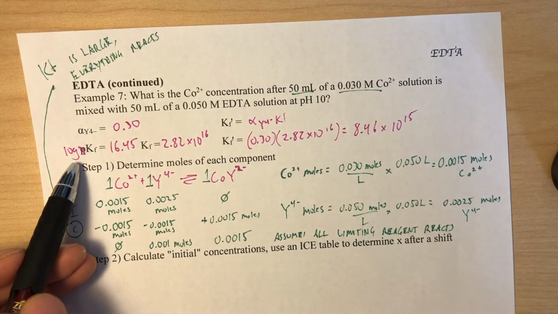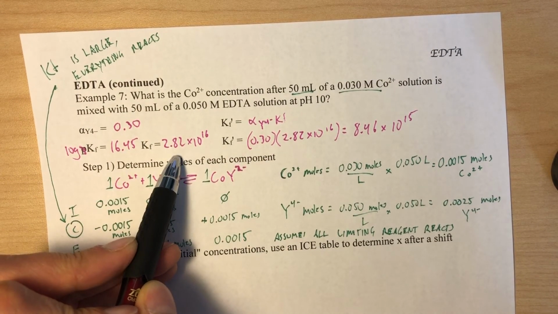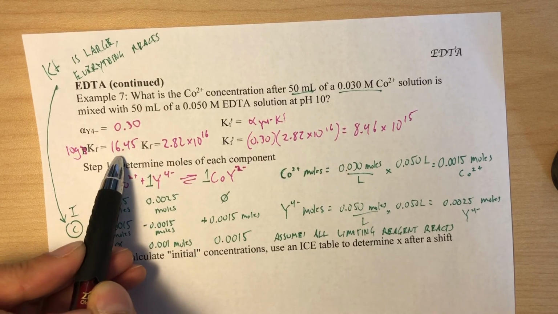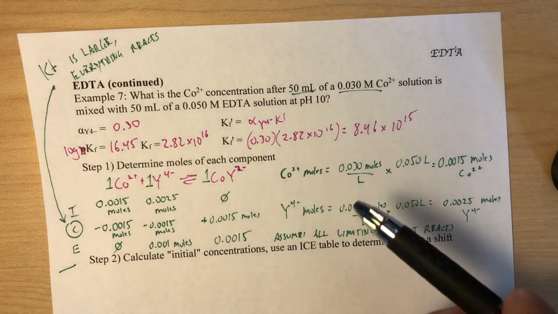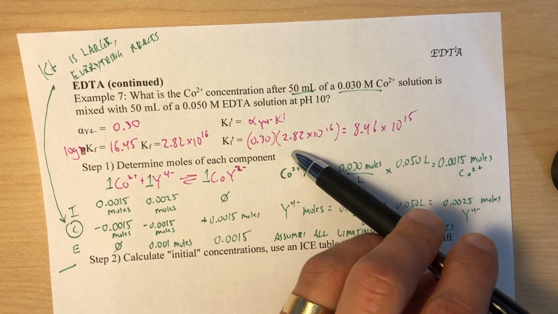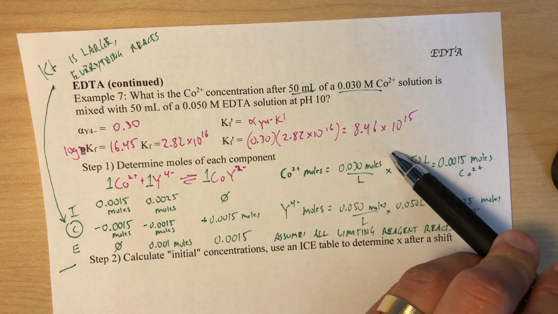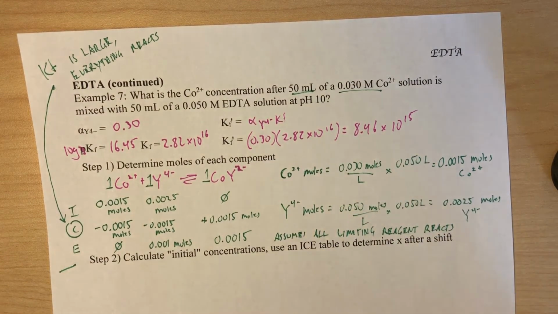When our log of Kf is equal to 16.45, our Kf is equal to 2.82 times 10 to the 16, because we do 10 raised to that value. Our Kf prime expression is going to be equal to alpha times Kf, which is equal to 0.30 times 2.82 times 10 to the 16th, which ends up being 8.46 times 10 to the 50th.